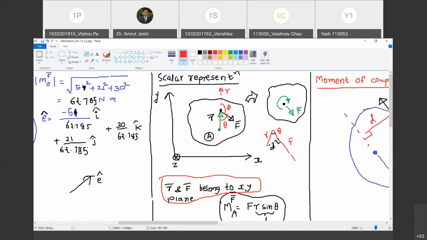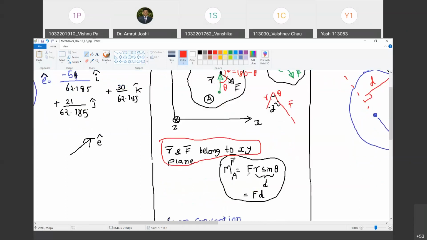It will be 180 minus theta. Phi will be equal to 180 minus theta. But sine of 180 minus theta is the same as sine theta. Therefore, I can still write it as FR sine theta. Happy? Yes, sir.